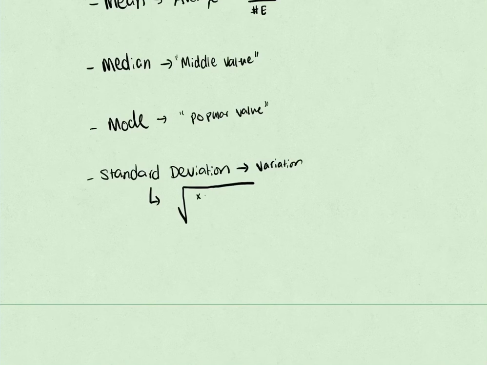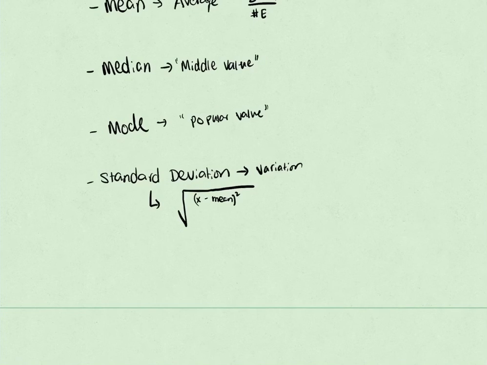So x minus the mean, whole thing squared, and it should be the sum of all of these x minus means. So if there were 3 numbers in the data, then there should be 3 x values. So we add that, and then we just do the other x values.